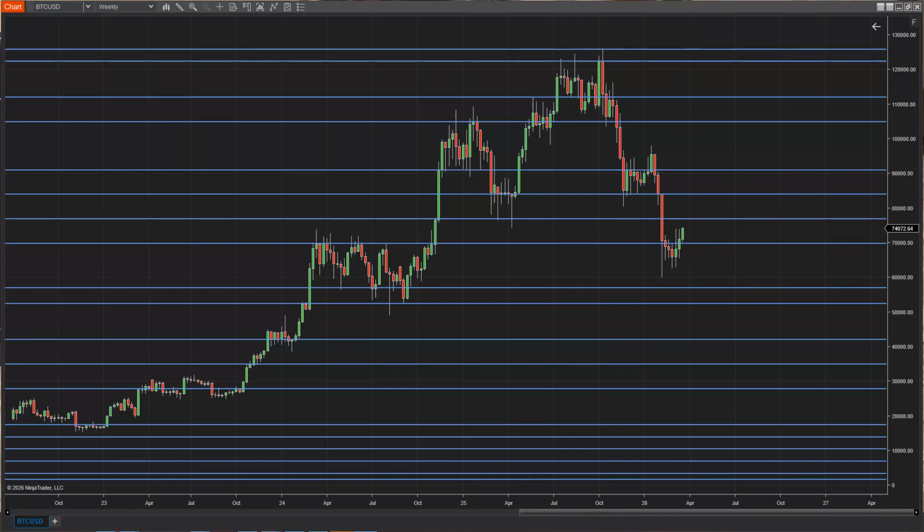It's the 122.5 plus 3,500. It is also 126,000 divided by 7,000 equals 18. So very important area for that top to form.